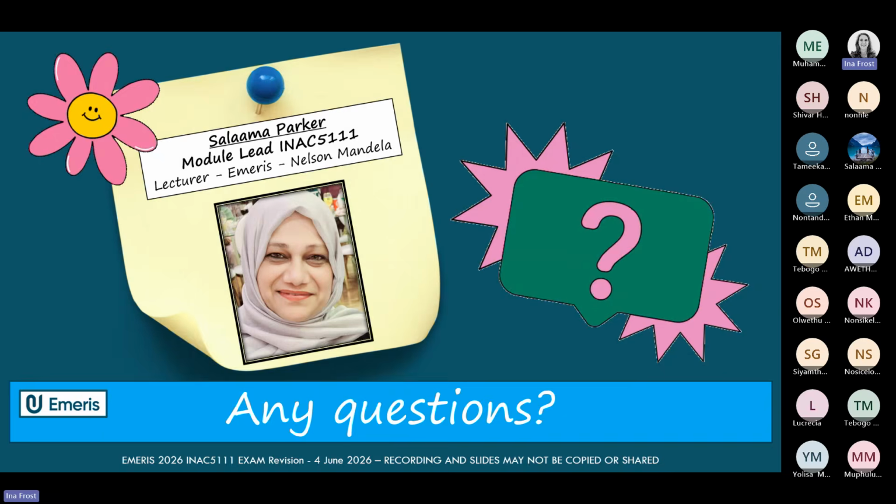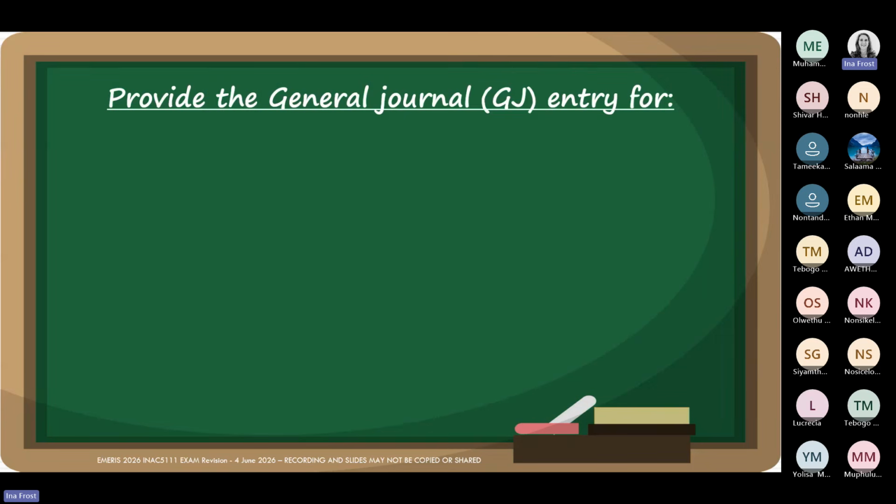Thanks, Salama. Okay, students, I think now it's time for you to do a little bit of work. So you've got your pens and papers ready there. Let's quickly see if you can put together the general journal entry for this particular transaction.